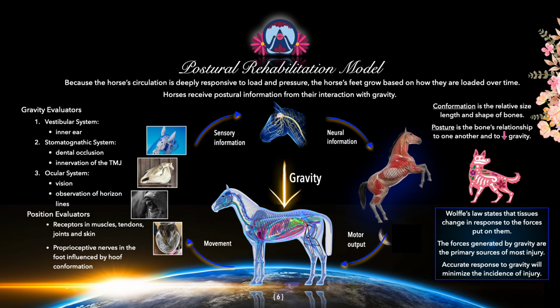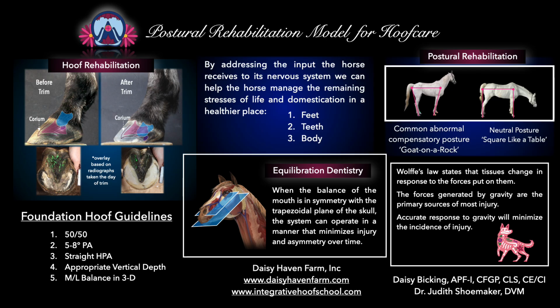So in that sense, we have to look at how, as stewards of the horse, we manage their care in domestication, where we can influence these things like the hoof care with all the proprioceptive nerves in the feet, their teeth with the innervation of the dentition, how they chew and how they arrange their jaw, which relates to their atlas occiput, and all of those nerves that are so highly innervated for balance, as well as of course, looking at their body compensations overall and helping them overcome their learned spinal reflexes and their decompensation over time.